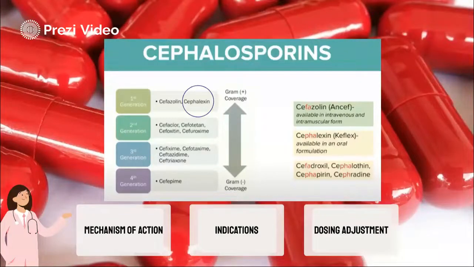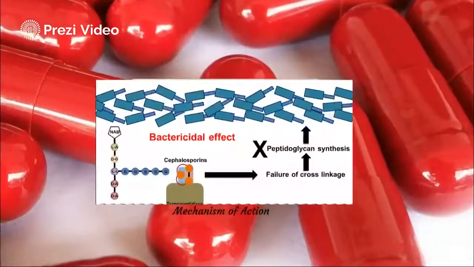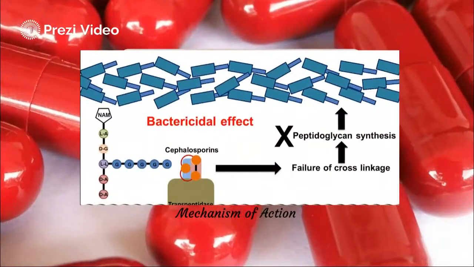Cephalexin is a first-generation cephalosporin that acts on gram-positive bacteria such as staphylococci and streptococci and shows little activity against gram-negative bacteria. So with the mechanism of action, first-generation cephalosporins inhibit bacterial cell wall synthesis and have the same mode of action as other beta-lactam antibiotics such as penicillins.